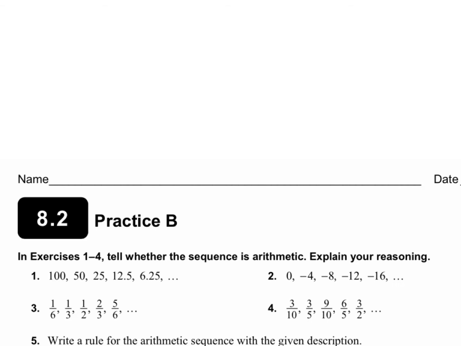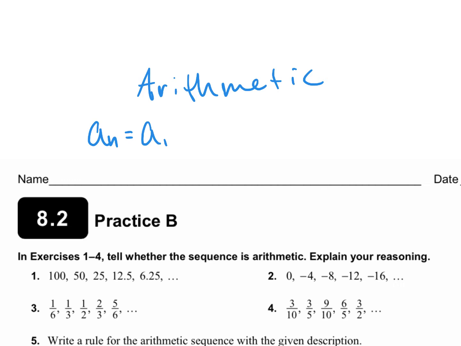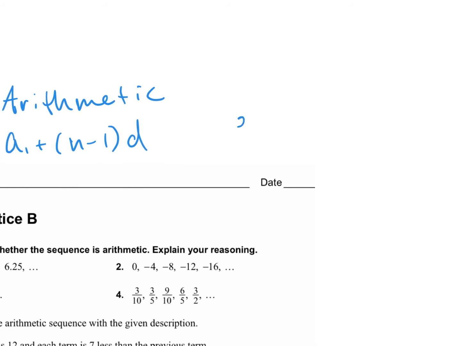So there's 2 formulas we need to know for 8.2. These are arithmetic sequences. To find our rule, we have a sub n is equal to a sub 1 plus n minus 1 times d. And then to find our sum, we have S sub n is equal to n times a sub 1 plus a sub n, divided by 2.